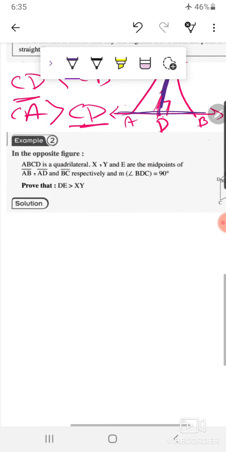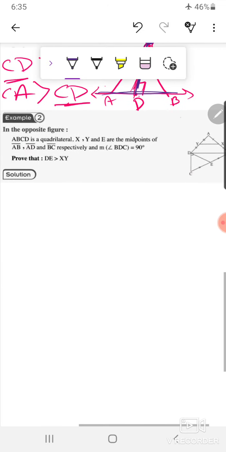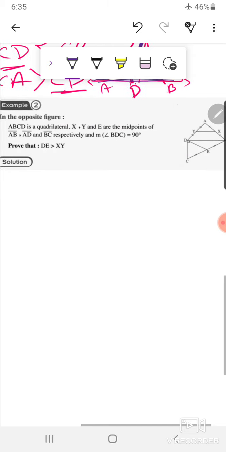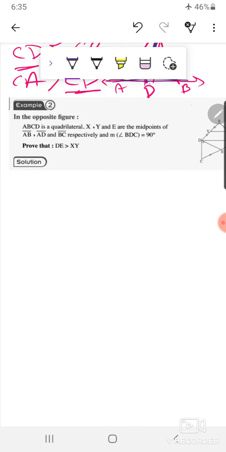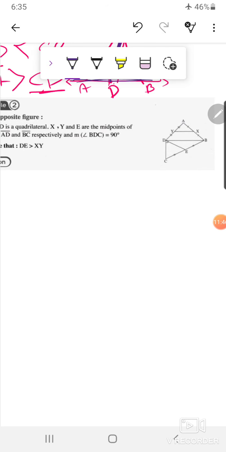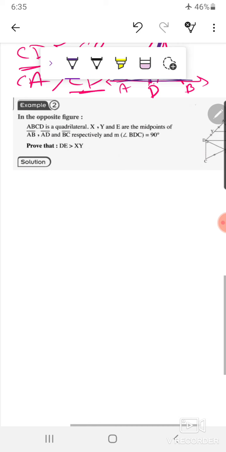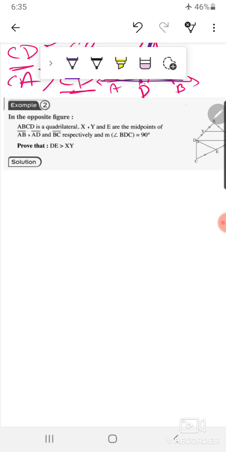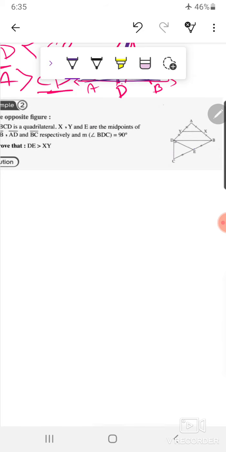Example number 2. In the opposite figure, ABCD is a quadrilateral, and X, Y and E are the midpoints. Here, the midpoint, which is BE equals EC, are the midpoints of AB, AD, BC respectively, and the measure angle BDC equals 90.